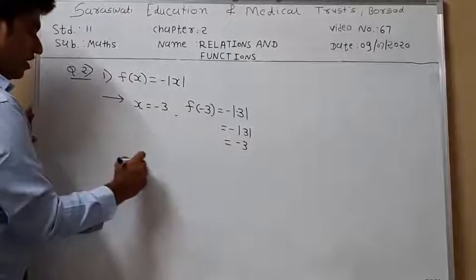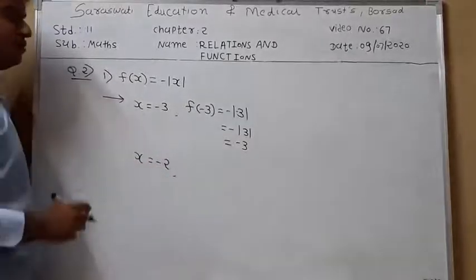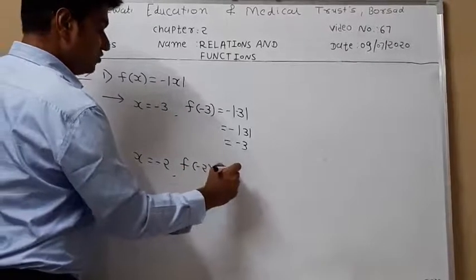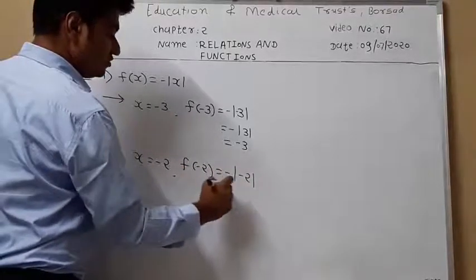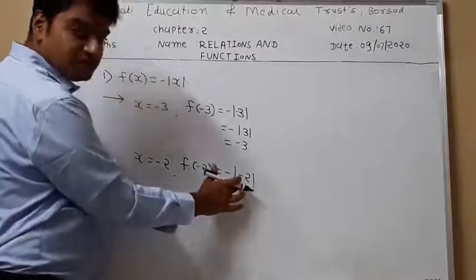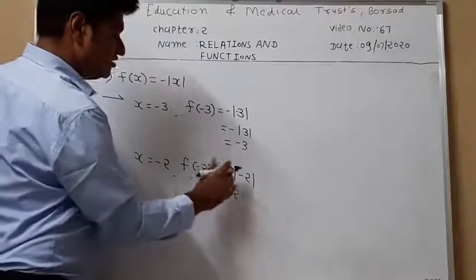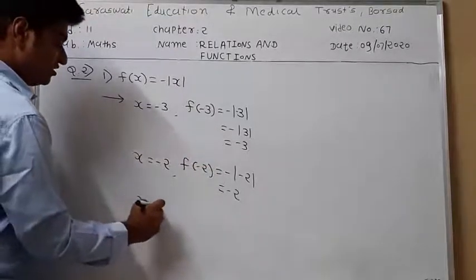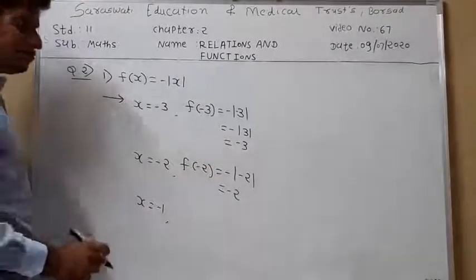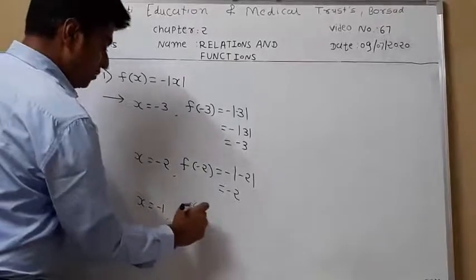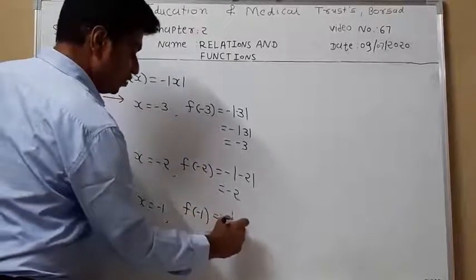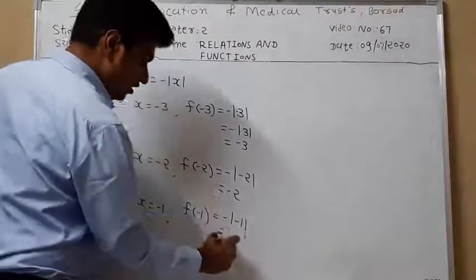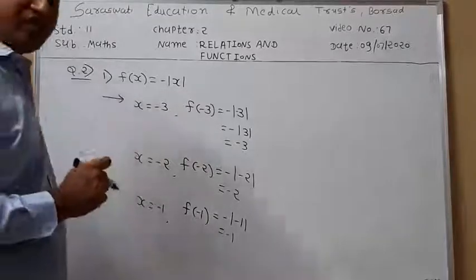Now x is equal to minus 2. So f of minus 2 is equal to minus mod of minus 2, but the modulus of minus 2 means 2, and already the minus sign is outside. So here we get a negative answer. Suppose x is equal to minus 1. So f of minus 1 is minus mod of minus 1, the modulus of minus 1 means 1, and the minus sign outside is present, so we get minus 1.